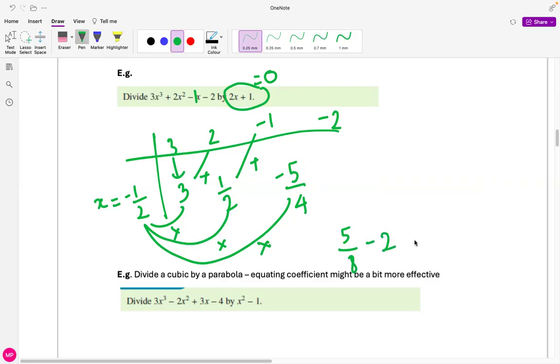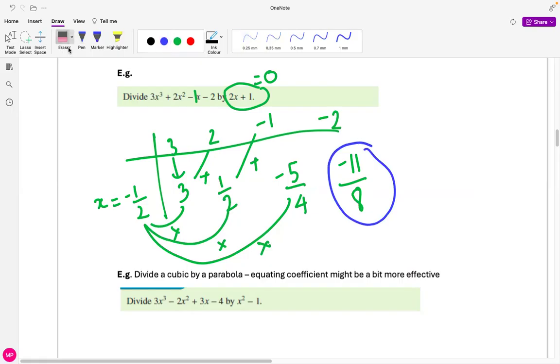So 5 minus 16 is negative 11 over 8. Okay, because you turn 2 into 16 over 8, and 5 minus 16 is negative 11. So you can see this negative 11 over 8 is the remainder.